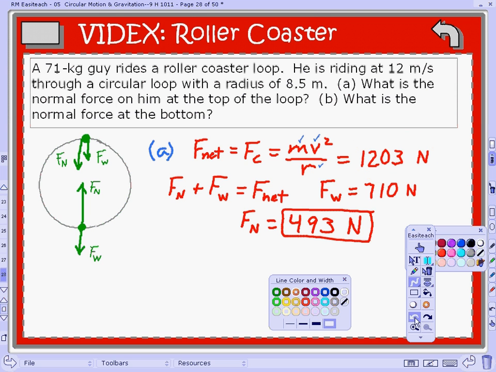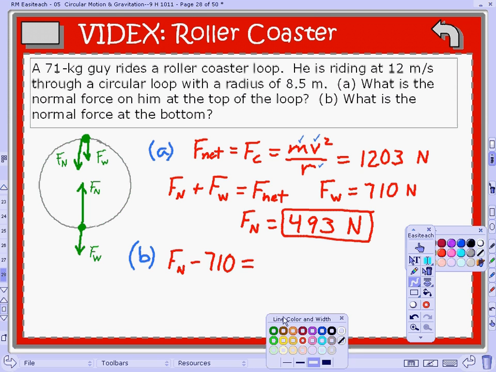Part B. This is just like the rubber stopper, but now it's a normal force. Now I've got competing forces. So this normal force is competing with this weight. So obviously the normal force has to be really big, but if I just write down an expression for it, it's force normal minus the 710 for the weight has to equal the 1203, because again, we always need those to equal the 1203.